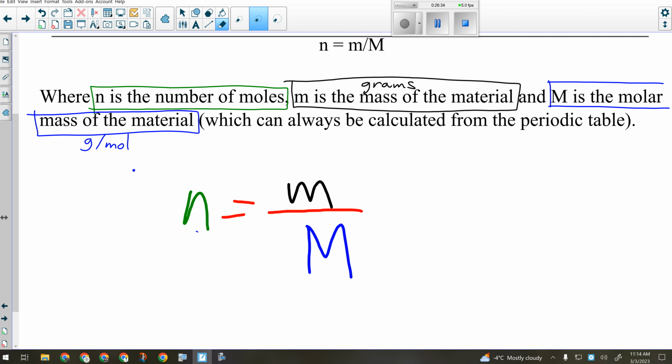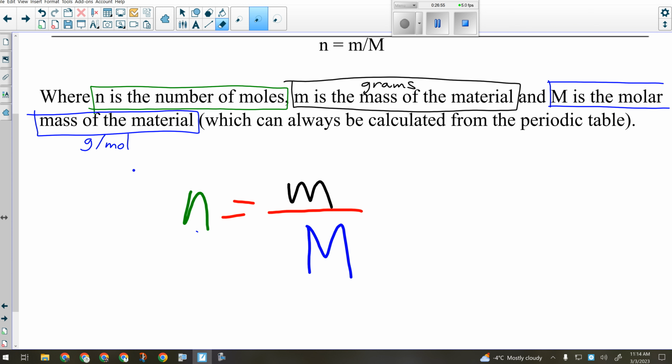Right now it solves for moles. The only manipulation I have to perform of this equation is to solve for little m, the mass. So how do I get little m by itself? Move the big M to the side with n.